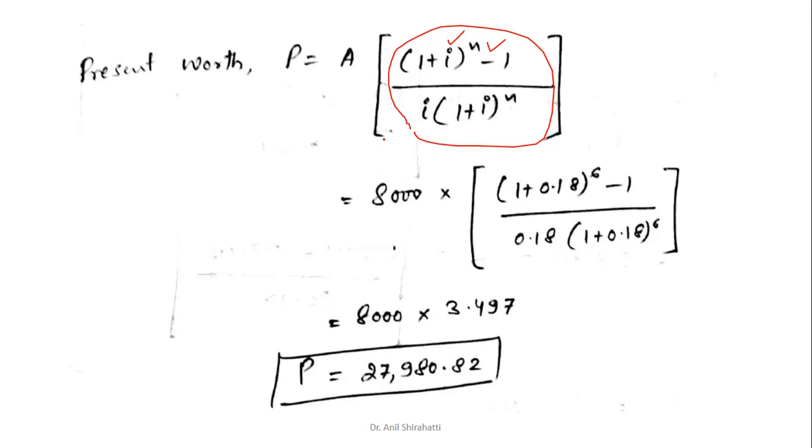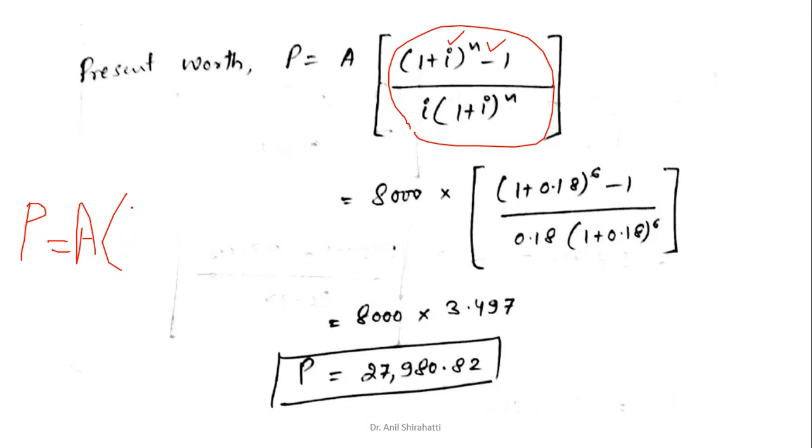But instead of this one, I can still use the table also. So if I am using the table, P is equal to A, then numerator by denominator.